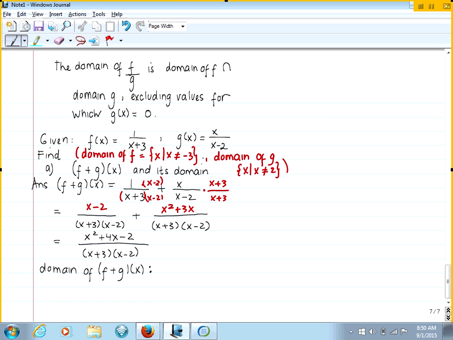Which one do we exclude from g? 2. So what is the intersection? It's everything excluding the -3 and 2. Yes. So this is x such that x is not equal to -3, x is not equal to 2. And optional, you can write x is an element of real number, but you don't have to. So you could write these, or you could write x such that x cannot equal to -3, x cannot equal to 2, x is an element of real number. These two are equivalent. Yeah?